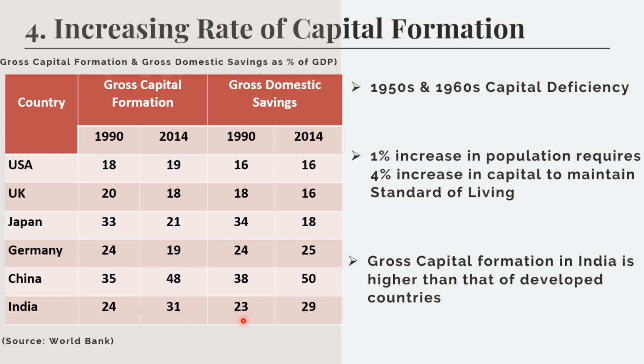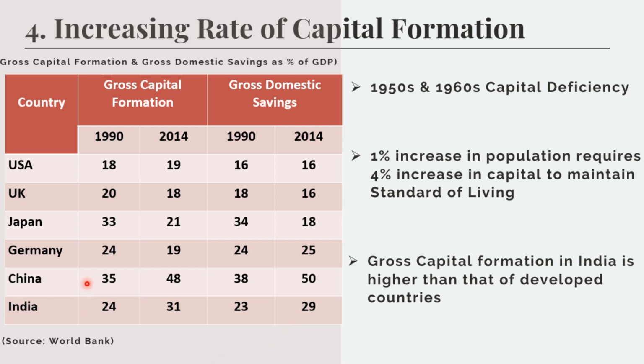The saving rate also increased from 23% to 29%. This saving rate depends upon the level of income. If saving is higher, then automatically the capital formation will be higher. So here we can observe that India's gross capital formation and domestic saving ratio increased.